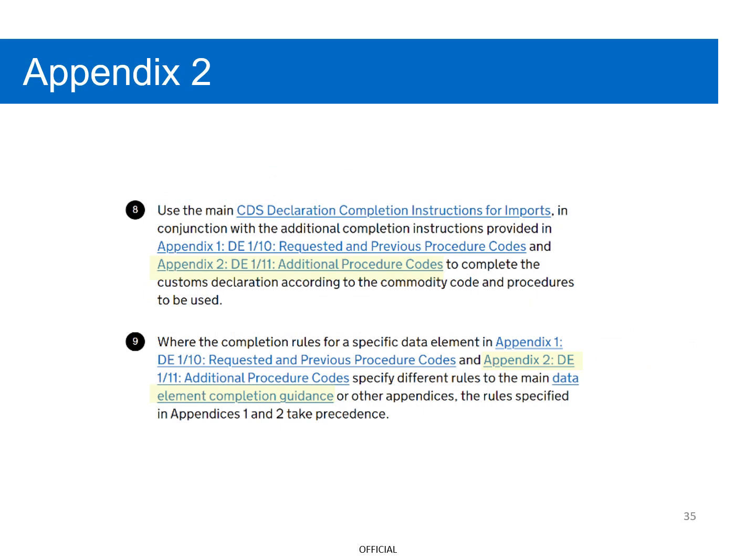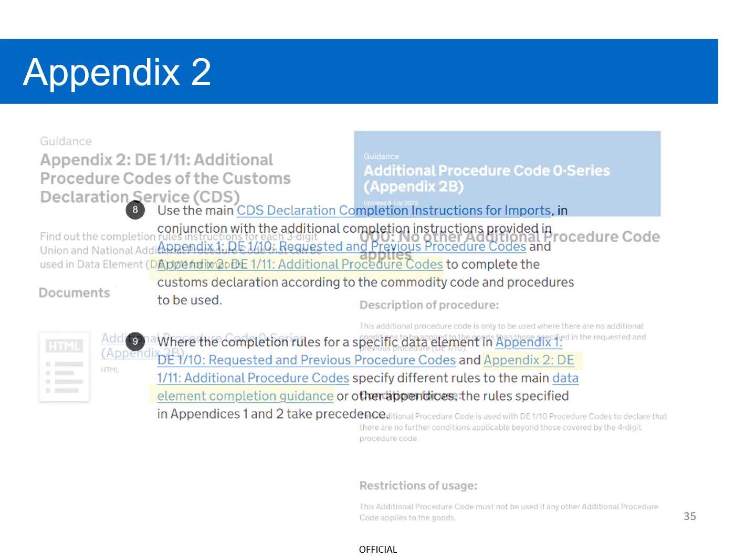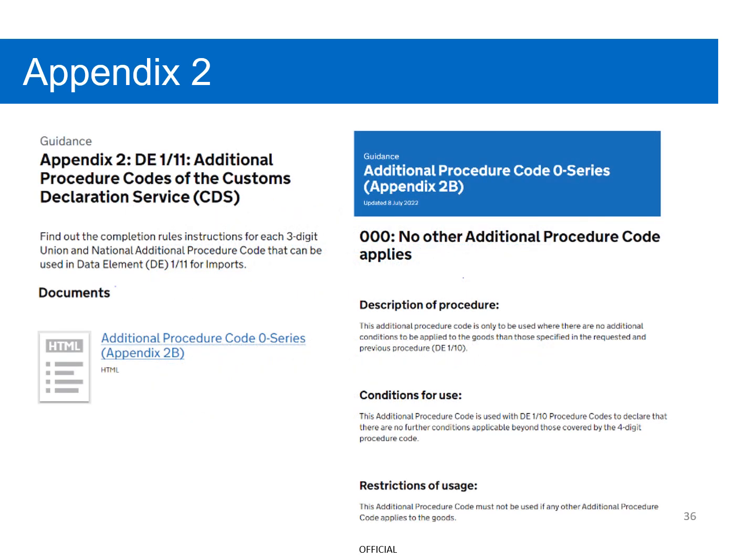In addition to using Appendix 1, Hallie also needs to use Appendix 2 in conjunction with the CDS declaration completion instructions for imports. Hallie returns to Appendix 2 and navigates to Additional Procedure Code 000, which she did in Step 4.